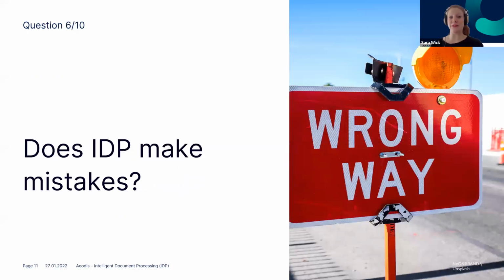Then the big question, does it make mistakes? And the answer is absolutely yes. We all make mistakes, and sometimes also a machine learning system makes mistakes. If it's 100% correct, it's suspicious. But usually there are some mistakes, but that's not a big problem because we get well into the range of humans. We humans tend to make more mistakes than the IDP system does.